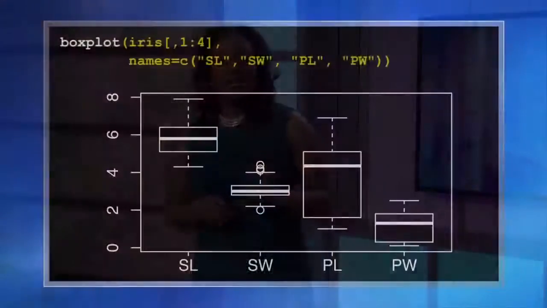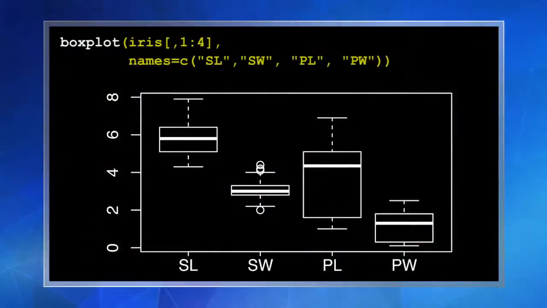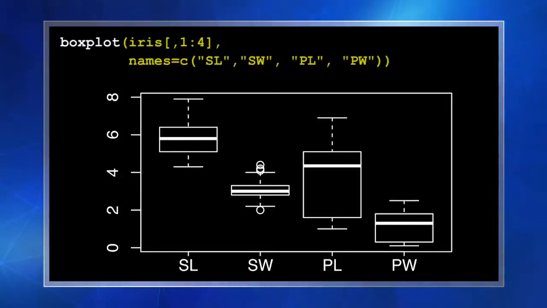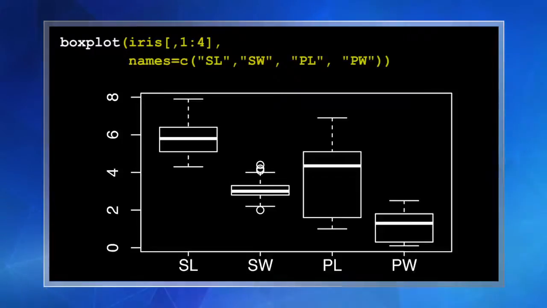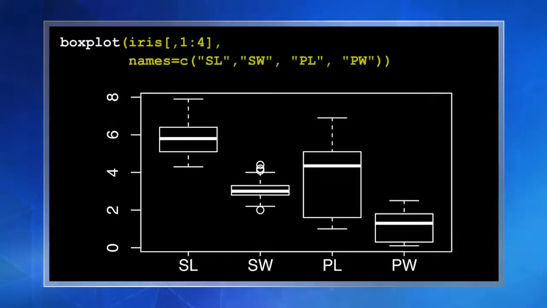What if we wanted to look at all 4 of these next to each other? Now that's going to give us more information because now we can actually compare them and look for possible ways to group them. Here you see box plots for sepal length and width and petal length and width. Anything jump out at you yet? Well, when I look at this, I notice my sepal length has the highest values, and petal width tends to have the lowest values.